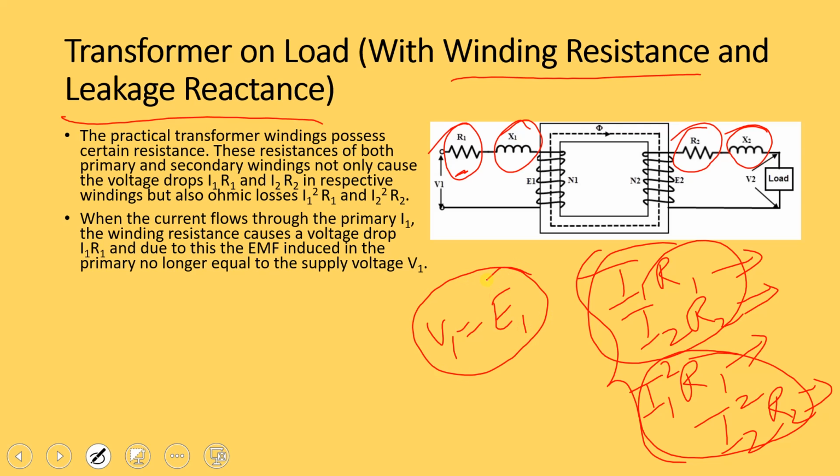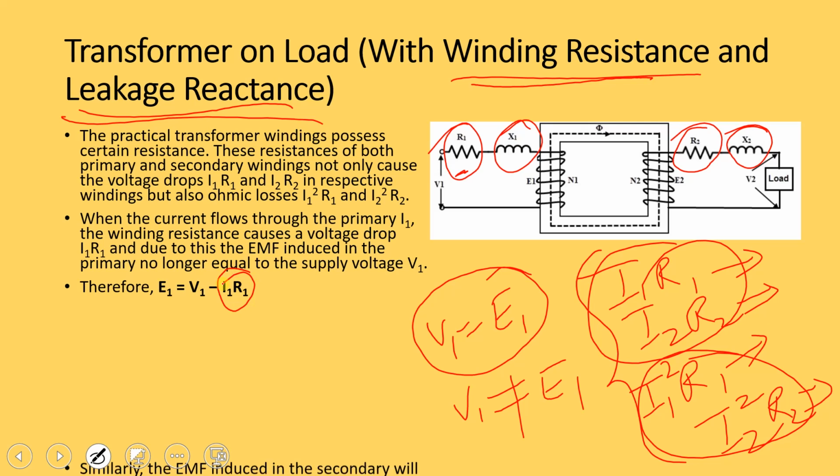But in this case, when we consider the winding resistance and the leakage reactance, V1 no longer equals E1. Therefore, E1 equals V1 minus I1 R1, the voltage drop across the resistance.